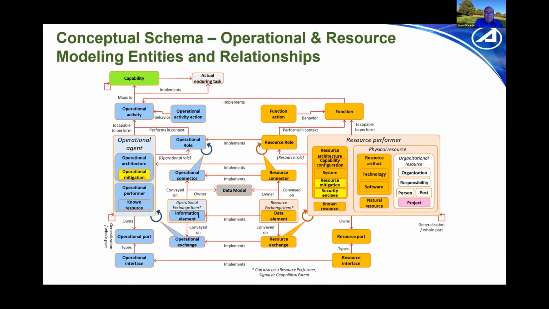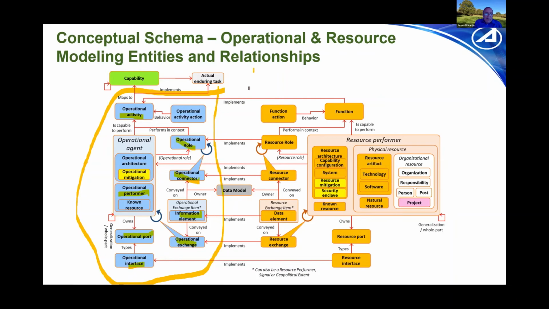So this is the conceptual schema diagram we provide in the step 3 chapter. These are the basic modeling elements used to define the operational architecture, and also the operational activities, the operational performers, the operational ports and interfaces, the exchanges, the information element, the connectors, the roles, and so on.